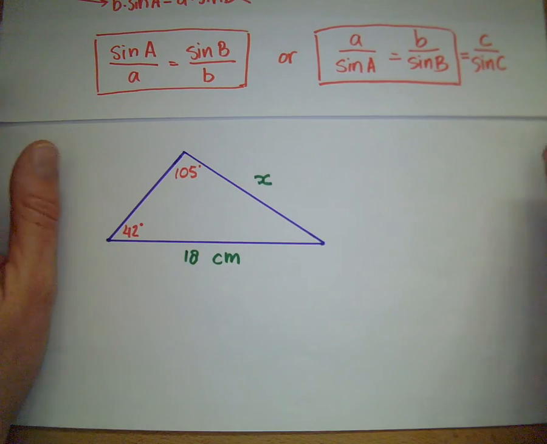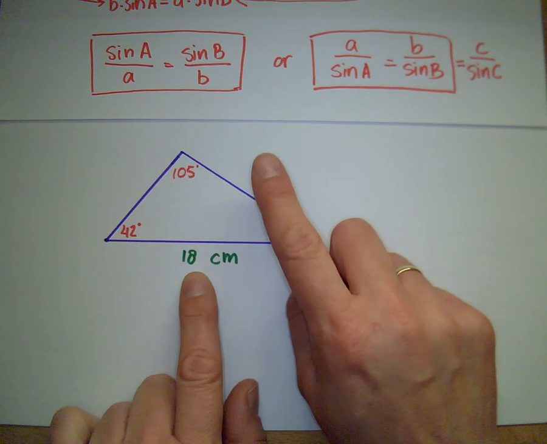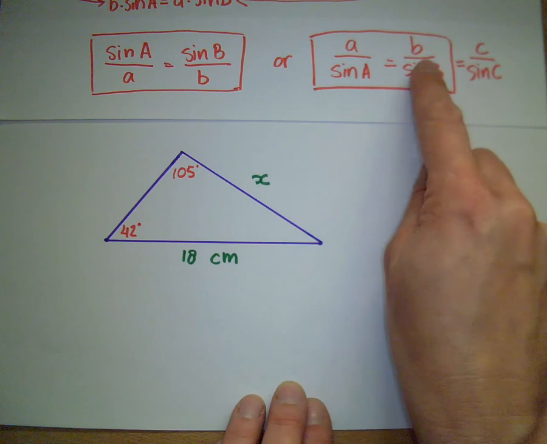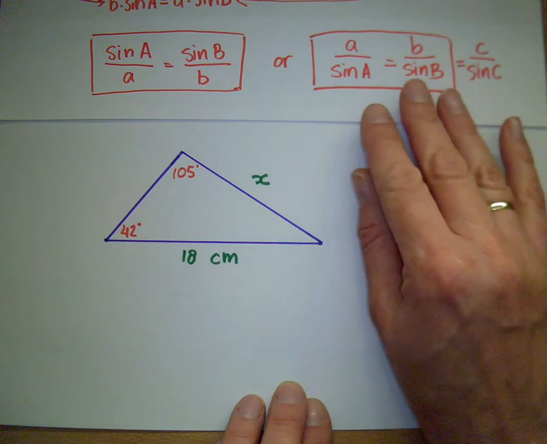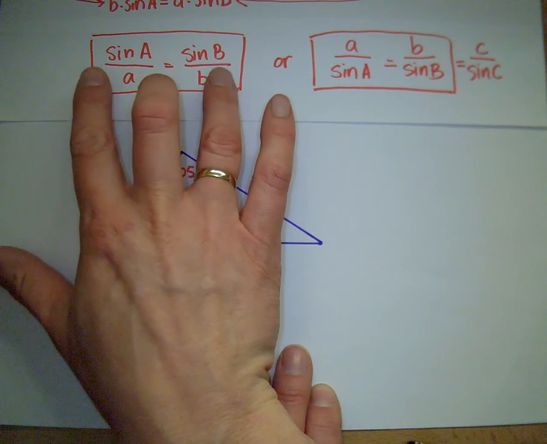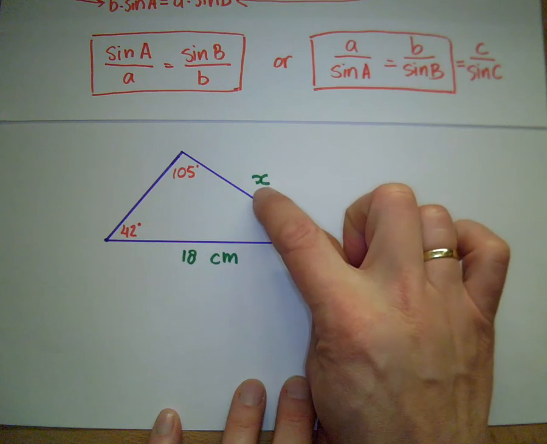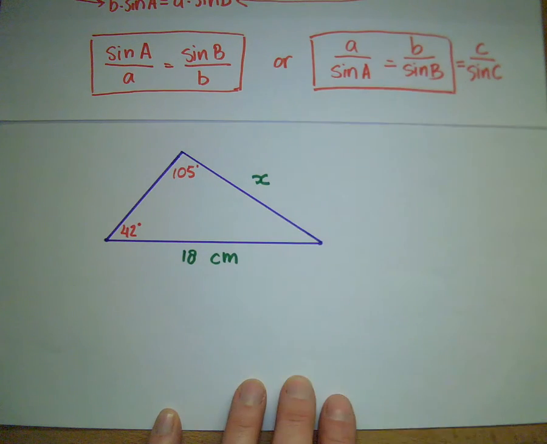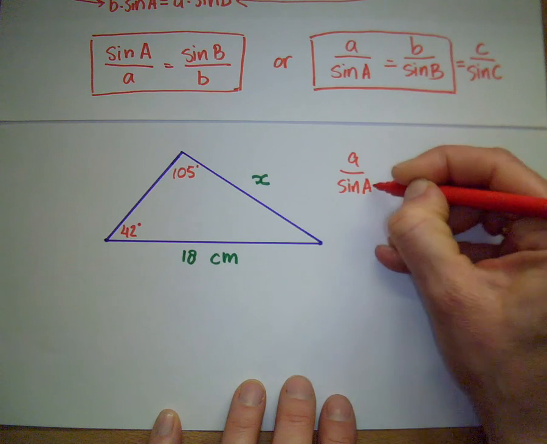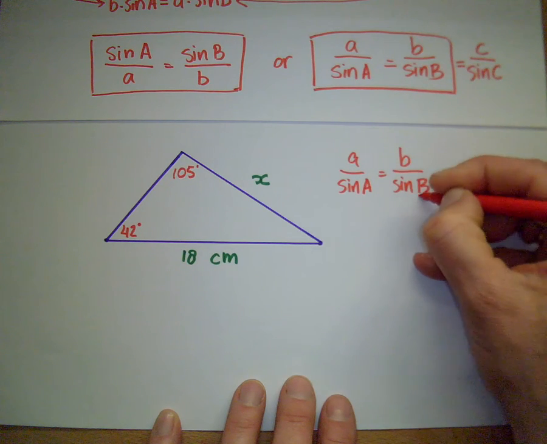Now, one cool piece of advice is when you are trying to find a side, it is easier to use this shape of the formula, of the equation. When you're looking for an angle, it is easier to use this form of the equation. So we're looking for the length of this side, so we're going to use this form of the equation. A divided by sine of angle A is equal to side B divided by the sine of angle B.